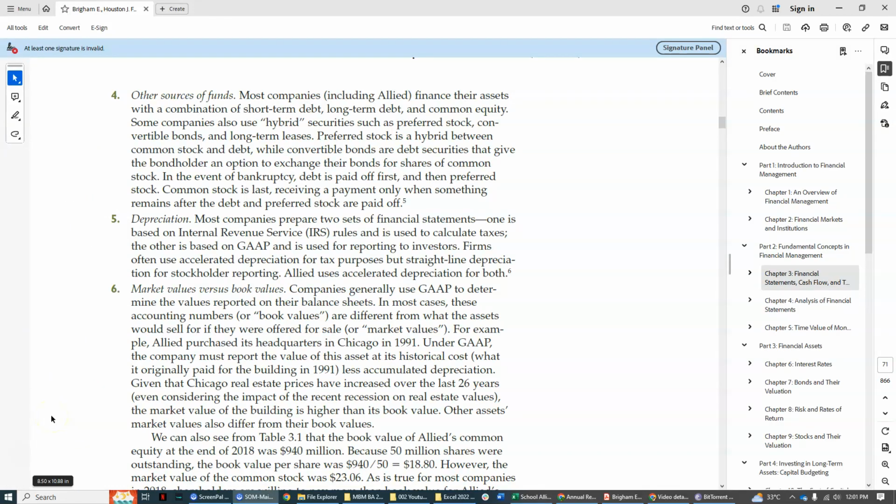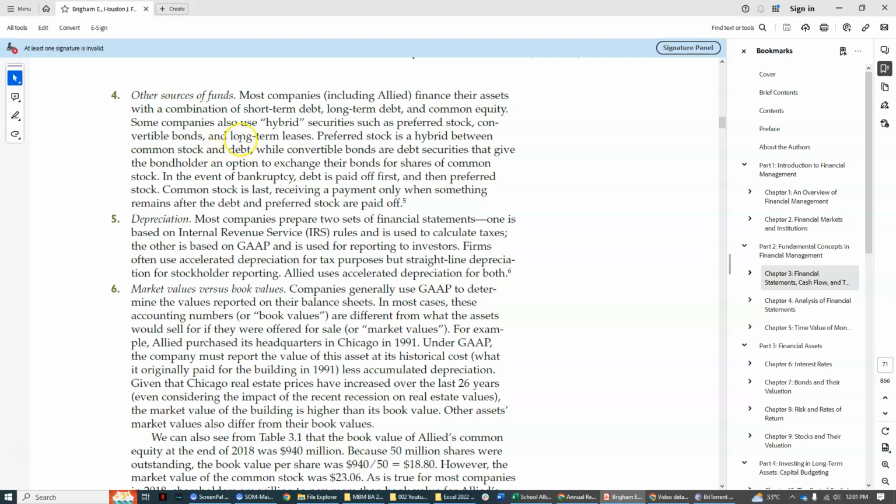Okay, for the other sources of funds, basically this is a combination of the short-term debt and the long-term debt. Again, when I say debt, those are interest-bearing, and also the common equity. However, there are hybrid securities like the preferred stock. The preferred stock is an equity, but there is no voting rights of this. And we have also convertible bonds. It means it has a feature that gives the right to the bondholders to convert the bonds into another security.